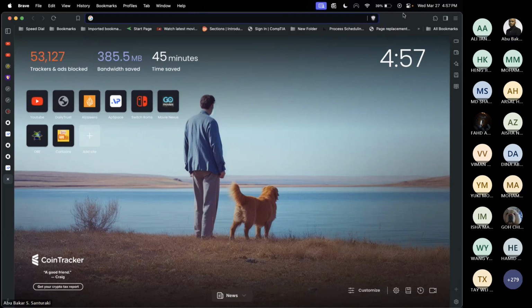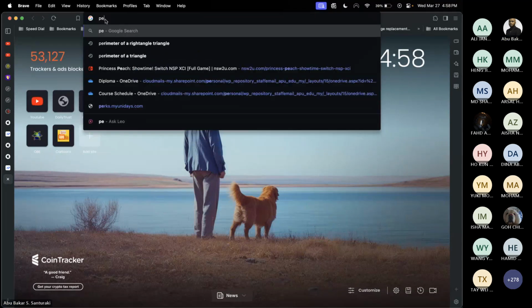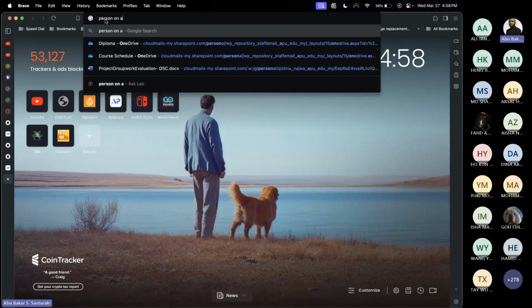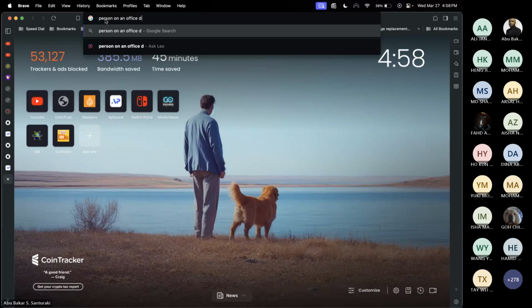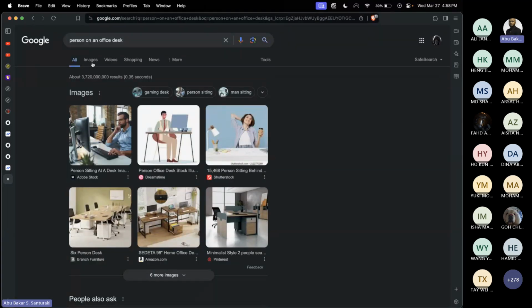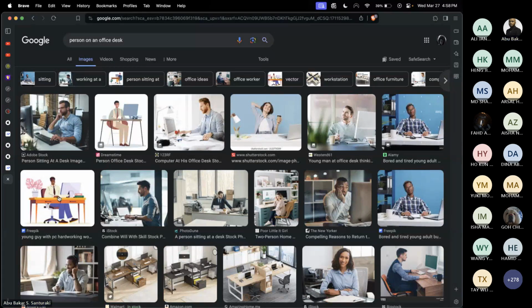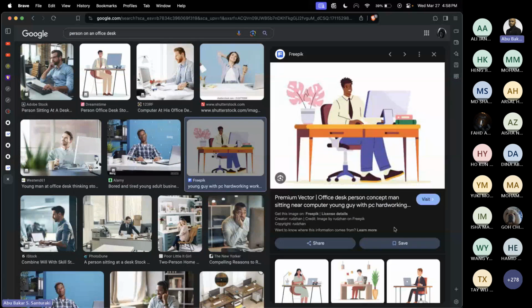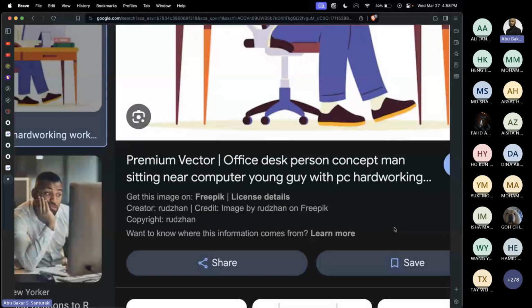So I'm going to open up and search for a person on an office desk. I'm just looking for an image, and I'll use the image to describe the paradigm that I'm trying to explain here. So let me zoom in.